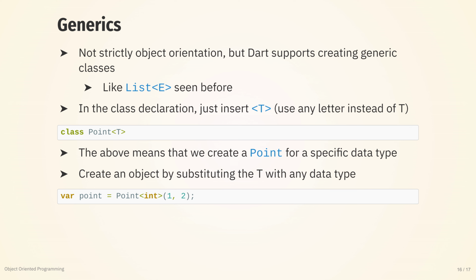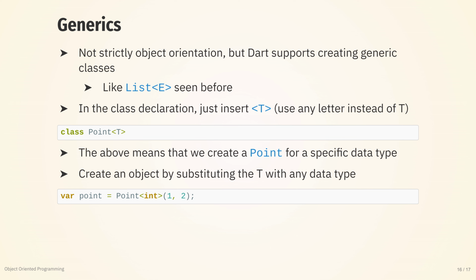So if we want, for example, to create a class Point, we could just add this less than, larger than, and then a T or an E or an F or whatever we like inside of the less than and larger than, and this will be a substitute for the real data type that we are going to use.